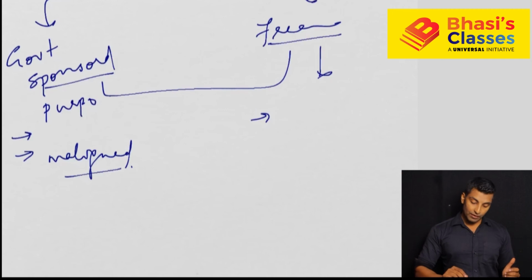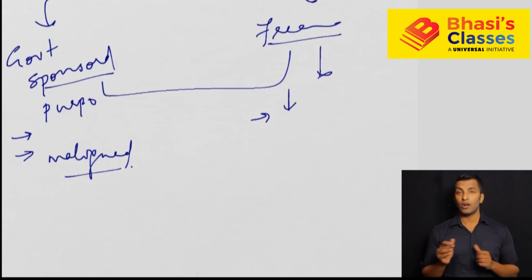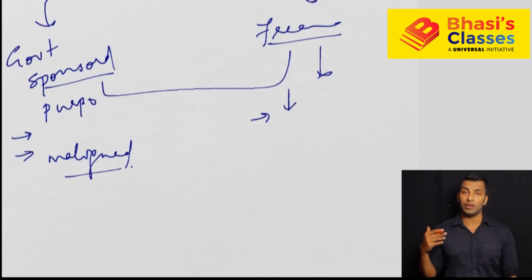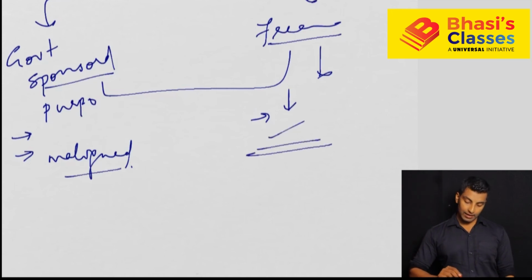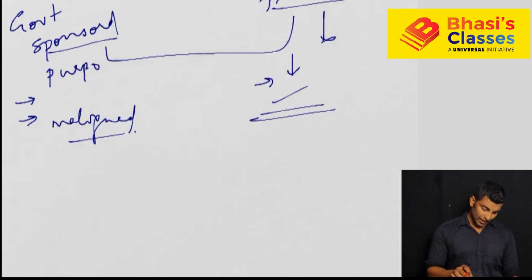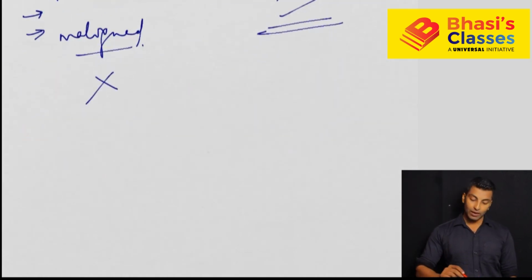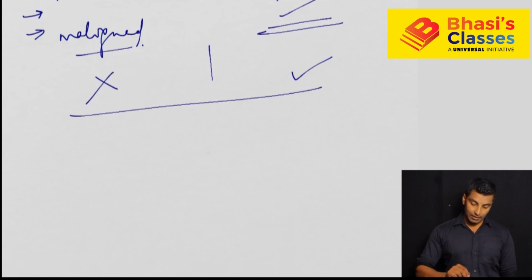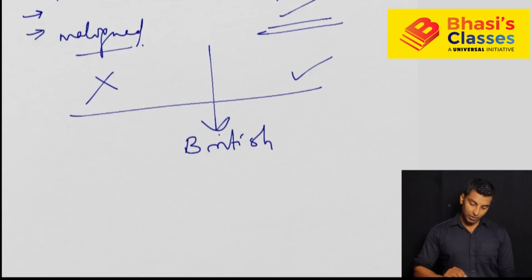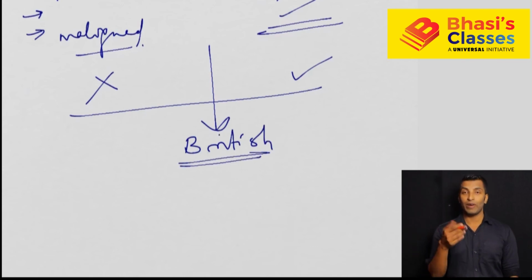Here, freelance scholars studied out of interest, and saw India and its tradition with great appreciation and honor. They highlighted the glorious past and the tradition with great honor and appreciation. So whatever it is, on one side they maligned India, on the other side they appreciated India's culture, tradition and customs. But the point is, it is the British who studied India and who came to India and taught us who we were, etc.